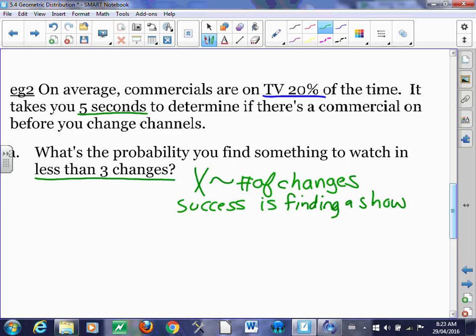All right. So the opposite of probability of success, folks, is finding a show. Remember, this is a failure, so that's 0.2. So probability of success is, actually, let's do failure first. Failure, to make more sense, is finding a commercial.